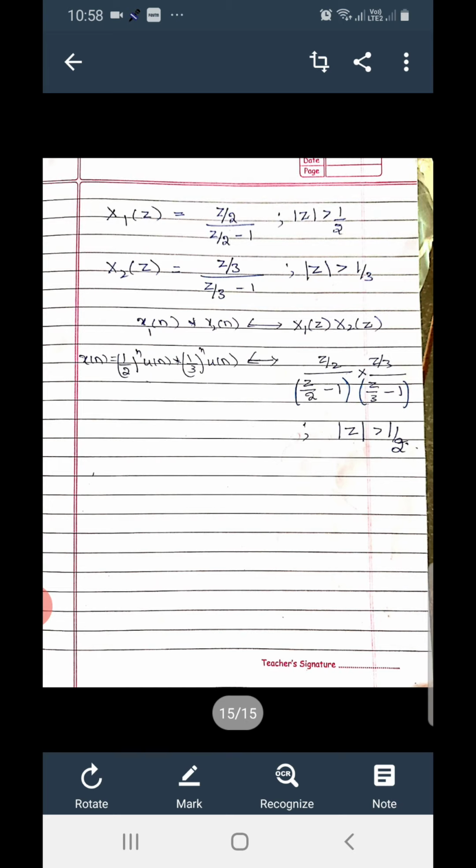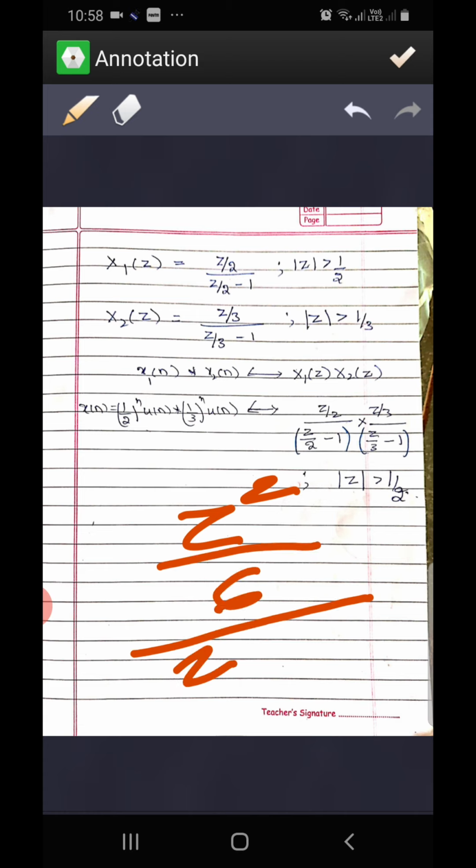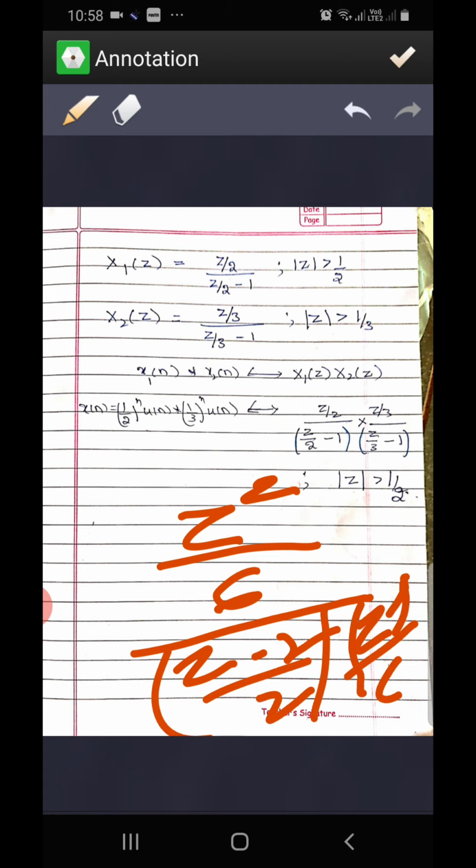So now the z transform of this convolution will become multiplication. You can leave your answer here, or you can simplify further. Now this z into z will become z square, by 2 into 3 which will be 6, divided by z minus 1 by 2 and z minus 1 by 3.